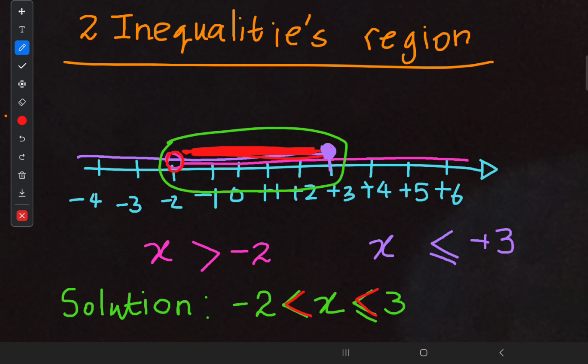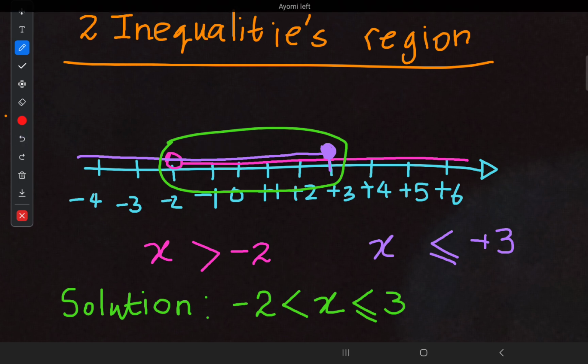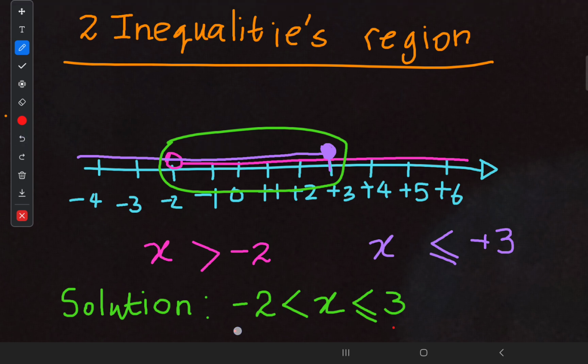You have to understand this clearly, because that's the key here. When you consider any points here, -1, 0, 1, 2, all the values are located in between -2 to 3. That's how we indicated the symbol in this way.